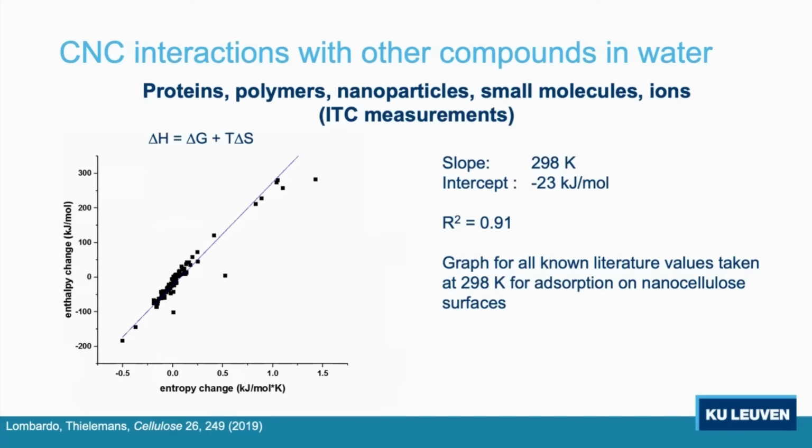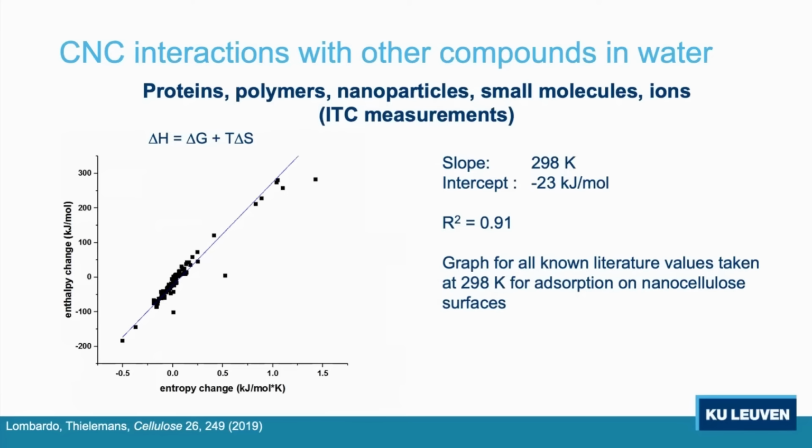It's 298 Kelvin. And most of these measurements were taken at 25 degrees, so it matches up. The intercept is minus 23 kilojoules per mole, and you take this equation, you actually see that the intercept is the Gibbs free energy.